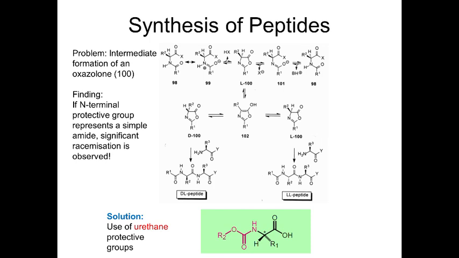That means a deprotonation takes place at C-alpha, where the R2 is, and the proton migrates to the carbonyl group, now forming in compound 102 a hydroxy group.